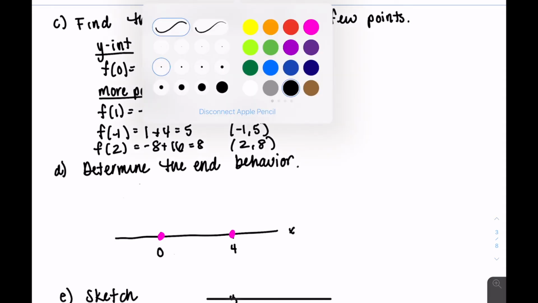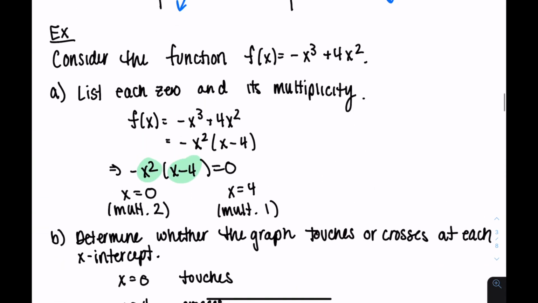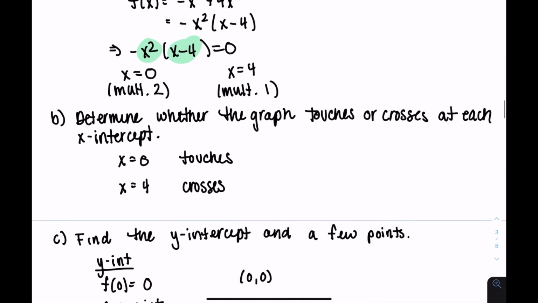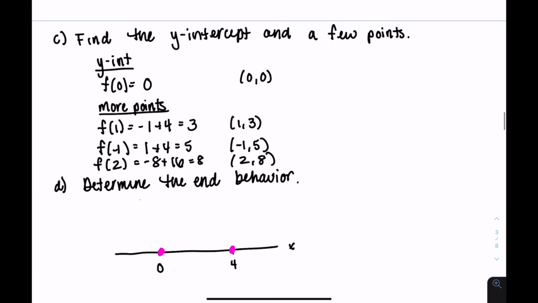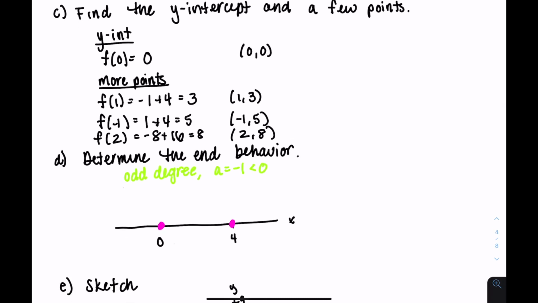But if we look back to our original function, it's odd degree, and a is negative 1, which is less than 0. It's the opposite of y equals x cubed. So it's going to be up to the left, down to the right.